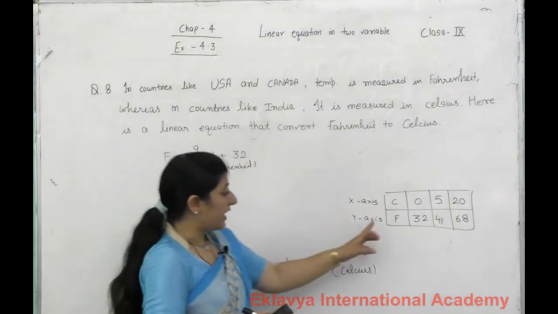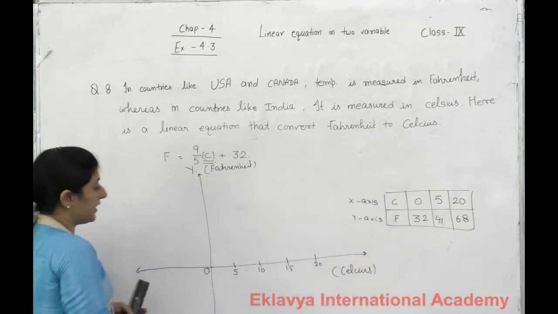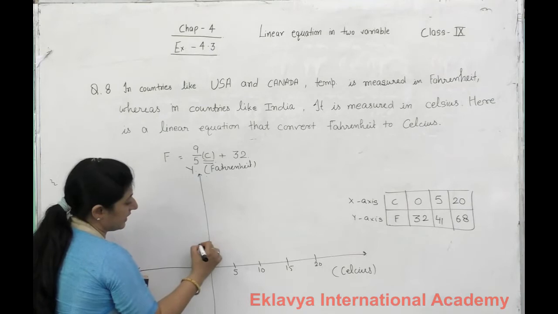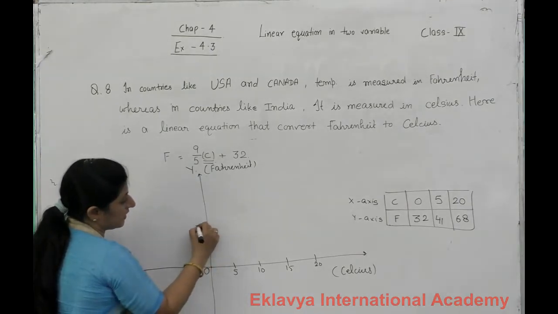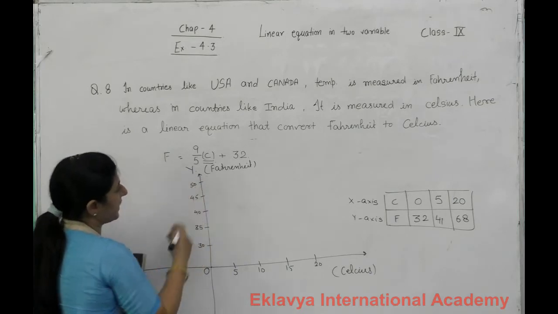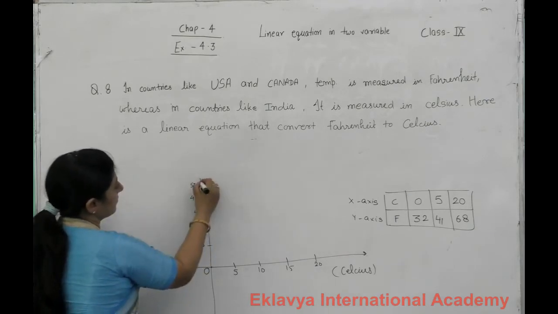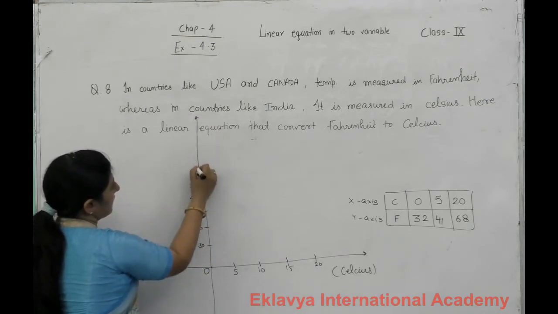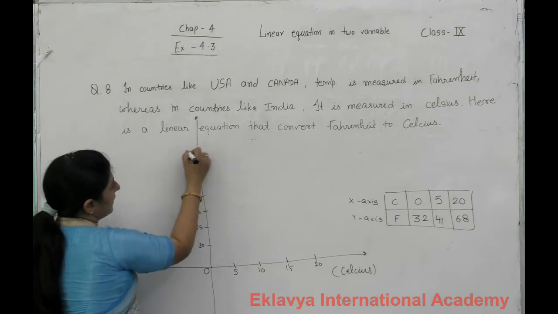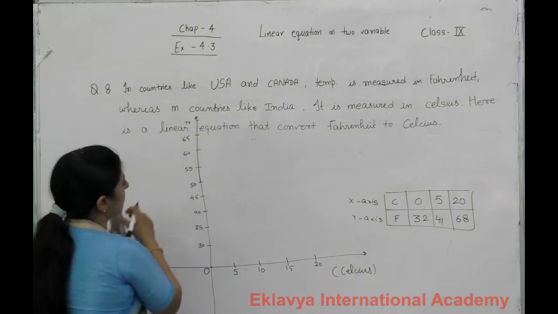Now on the y-axis we need 32, 41, 68. Then we can show 30, 35, 40, 45, 50. We need more: 55, 60, 65, 70.